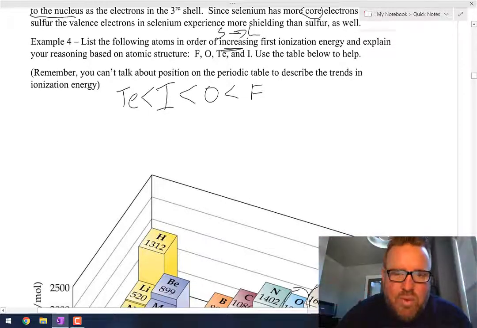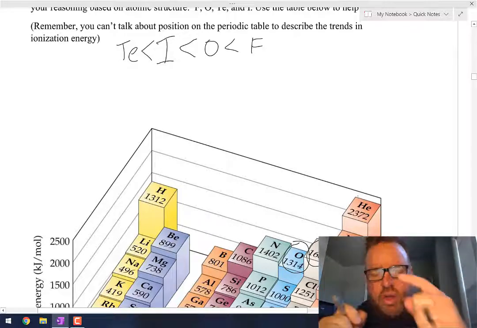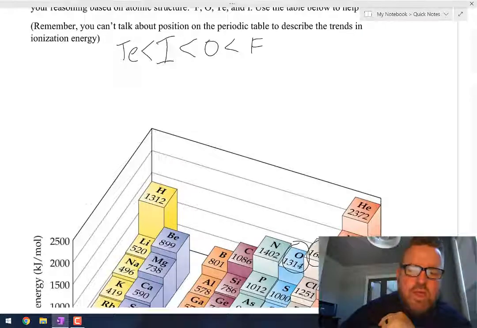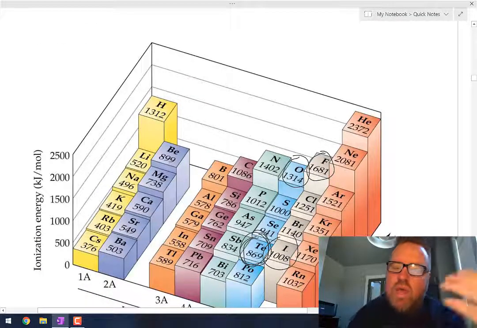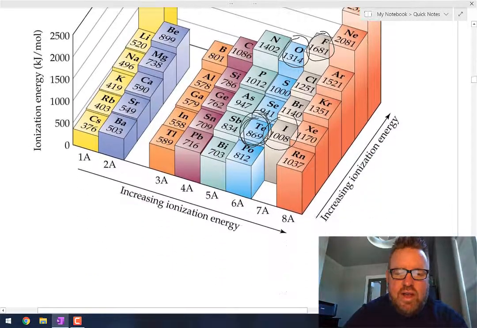And then again, if we were to explain it, we would say that fluorine is the highest because its valence electrons are closest to the nucleus, and it has more protons than oxygen. And tellurium and iodine are much, much lower because they have more electron shells that are farther away from the nucleus, which reduces their ionization energies.